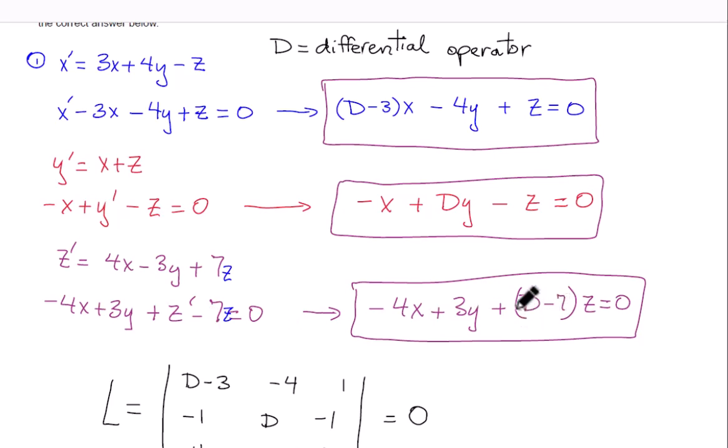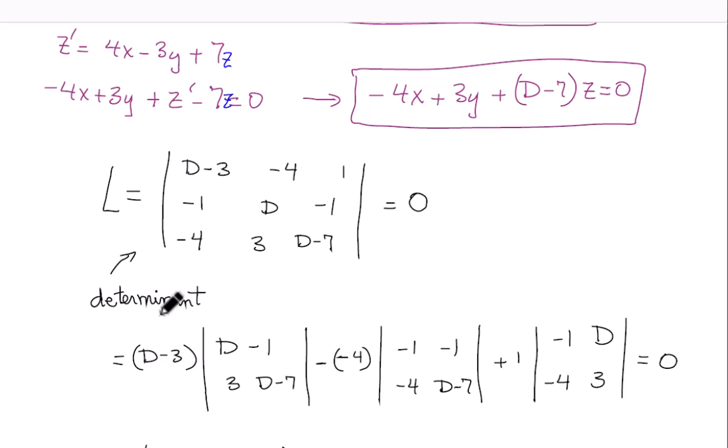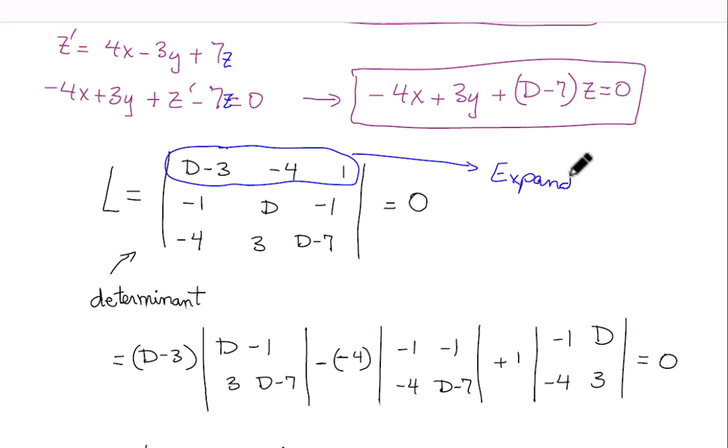And so if I plug all of that into my determinant, which is now a 3 by 3 determinant, it looks like this. Now I'm going to expand this determinant by row 1. If I do that, it's this times this subdeterminant.